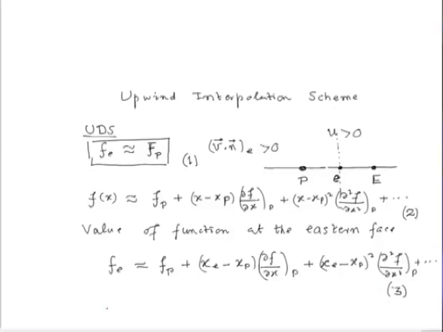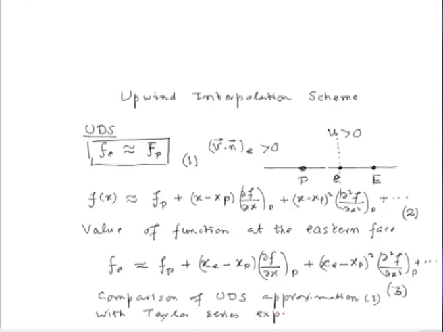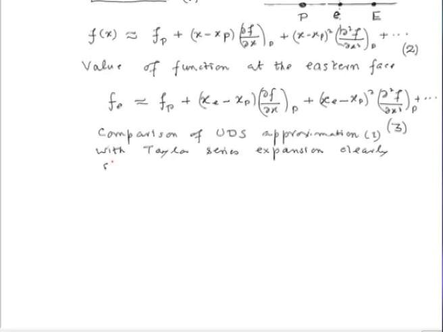That comparison of the UDS approximation 1 with the Taylor series expansion clearly shows that we have made an error.